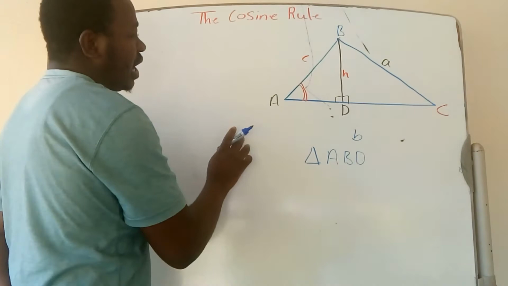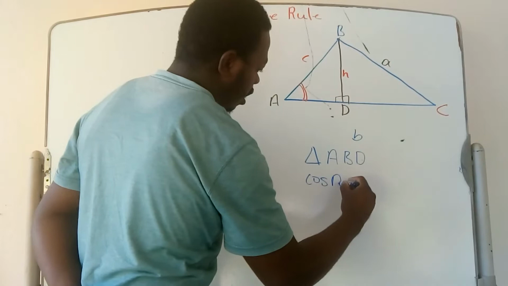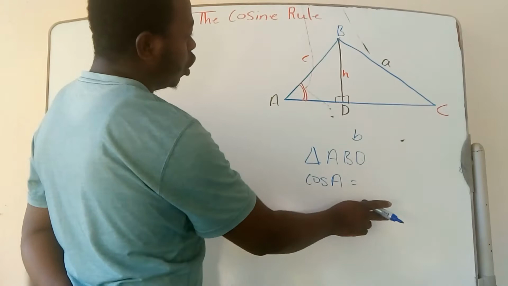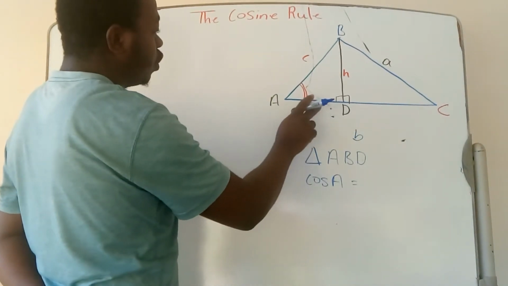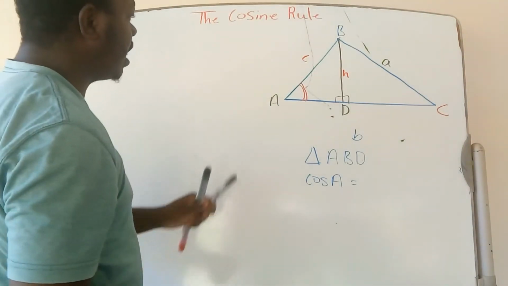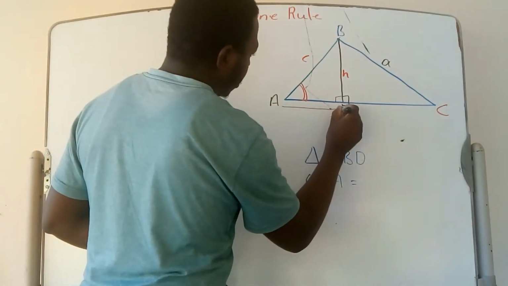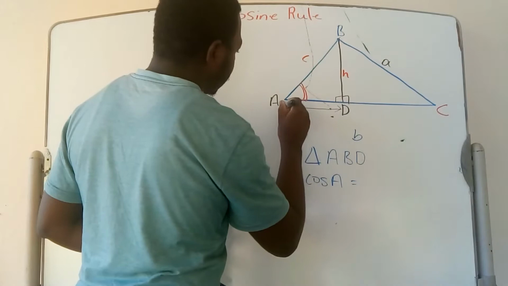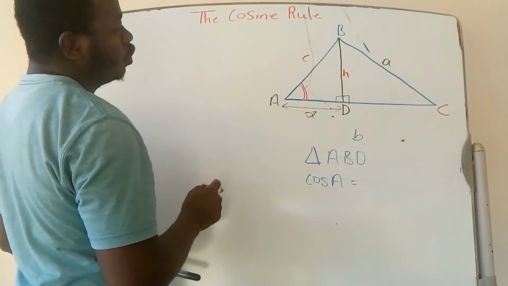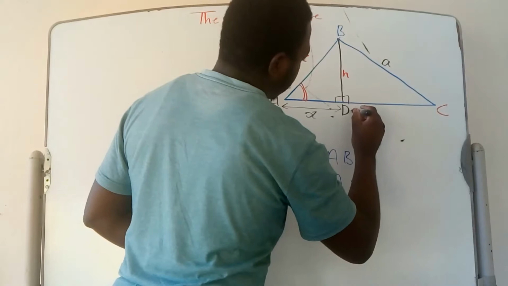we can take the cosine of A. So cos A is equal to the adjacent side over the hypotenuse. But for this triangle, we don't have a measurement for the adjacent side. So let's say that the distance from point A to D is X. What do you think the distance from D to C would be?